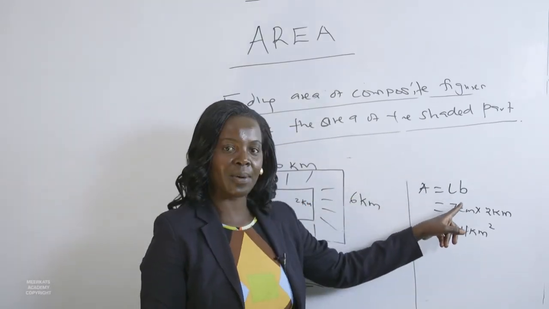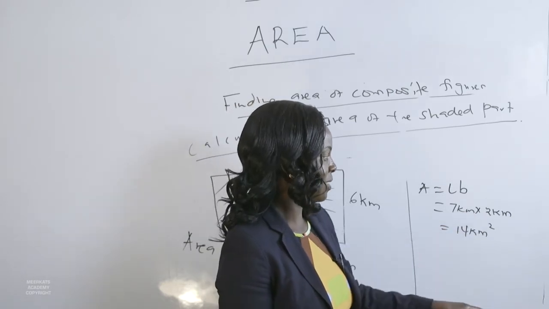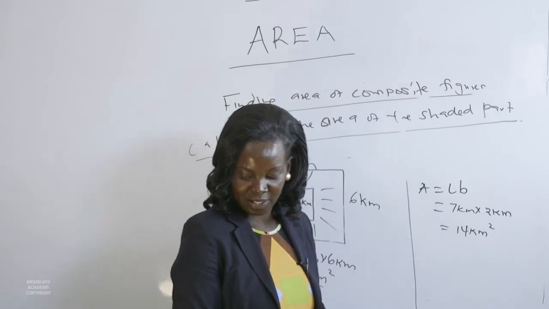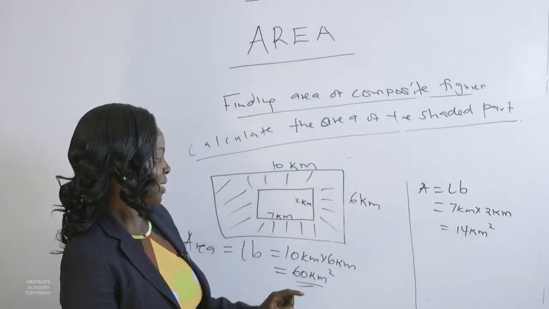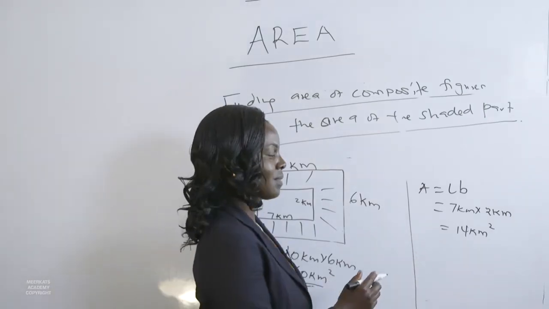If we substitute in our formula, then it will be 7 kilometers times 2 kilometers when it is length times base, and it will give us 14 square kilometers. So for us to be able to get the shaded part, we subtract 60 square kilometers minus 14.